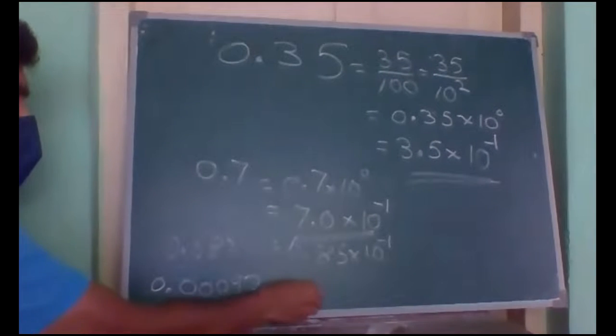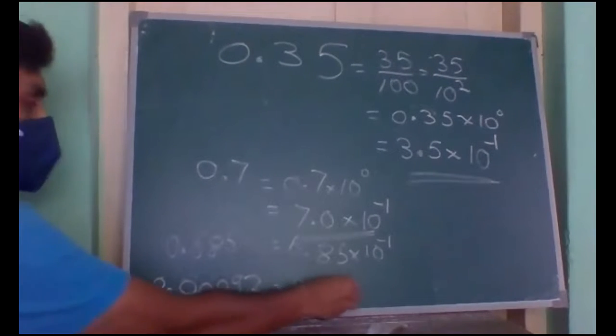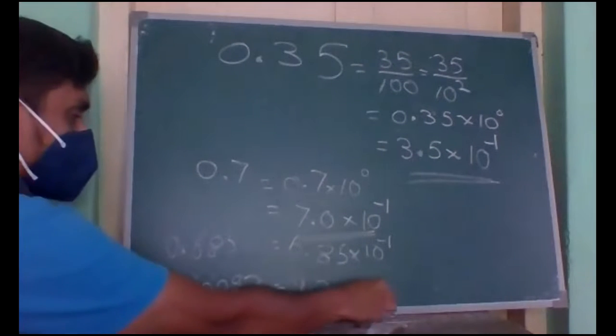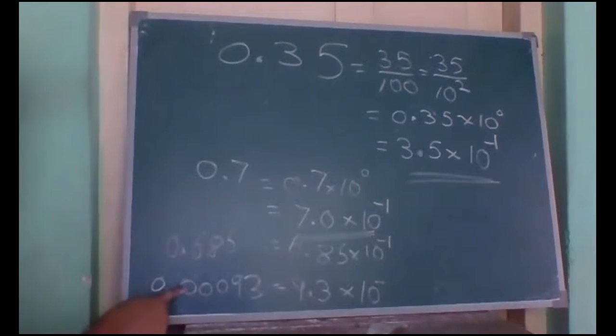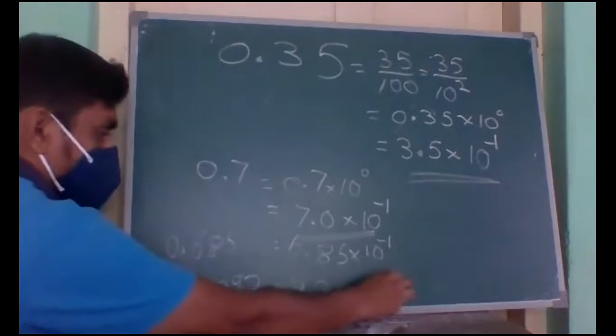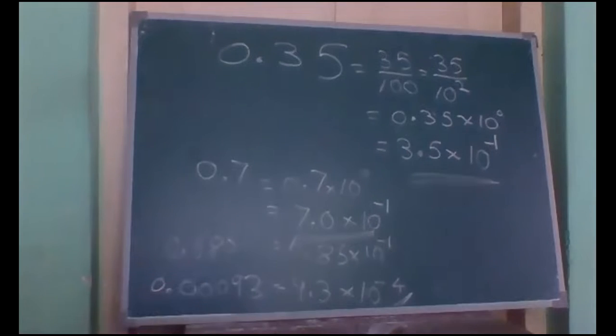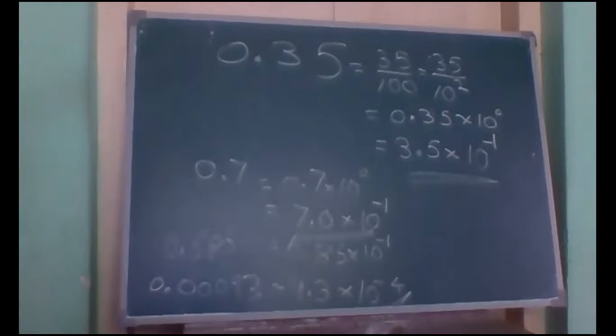So 9.3 into 10 to the power minus 4, as the decimal point shifted 1, 2, 3 and 4. Understand? Mihini, Sandupama, Udita. Okay? Yes, sir. Copy down that one as well.